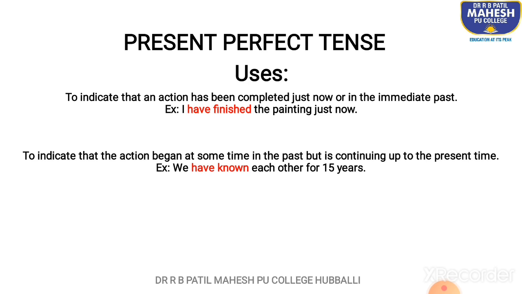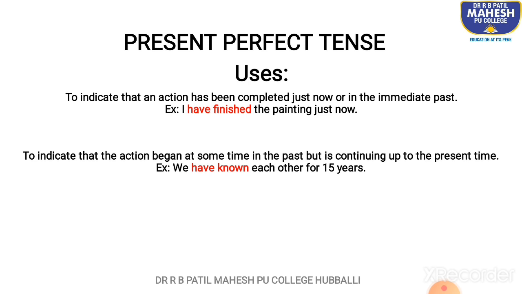It is still present at the moment when you are speaking of it. So, we have known each other for 15 years: present perfect tense being used for an action which began at some time in the past but is continuing up to the present time.